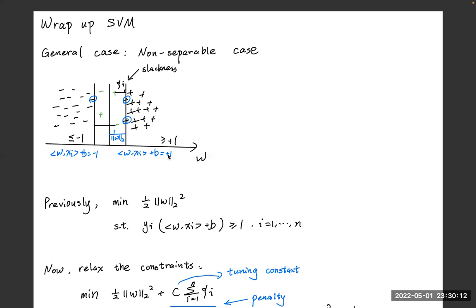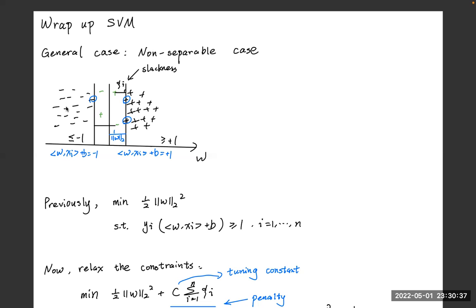And for those xi that are negative support vectors, Wxi plus B equals negative 1. Okay. And of course, for all the positive examples, the scores are greater than or equal to positive 1.